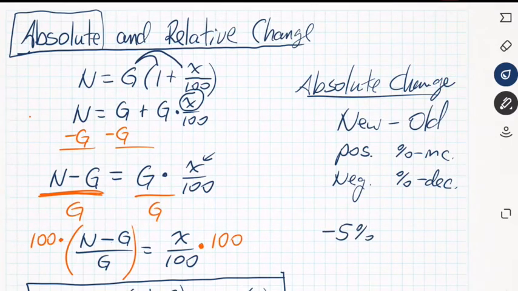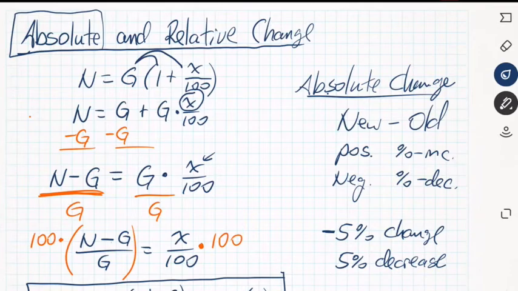One choice is to write it as negative 5%, so it would be a negative 5% change, or you label it as 5% decrease. So it's a negative 5% change or it's a 5% decrease. They mean the same thing, it's just one is written with a negative number and the other is written with a positive number, and then the word indicates that it's going down.